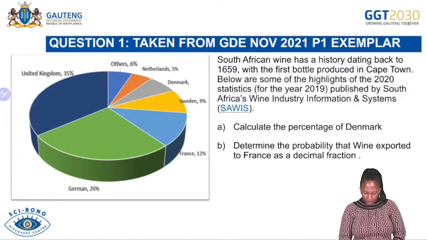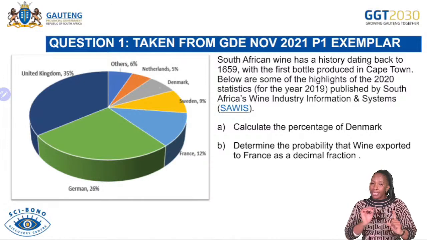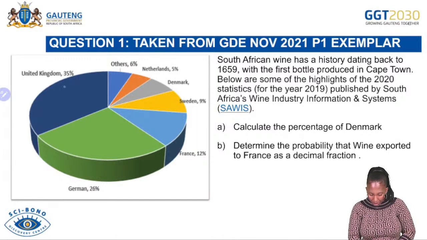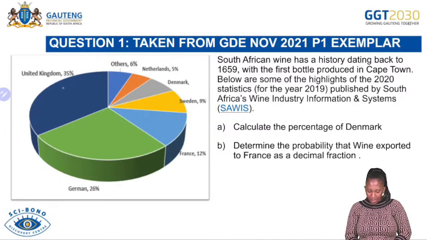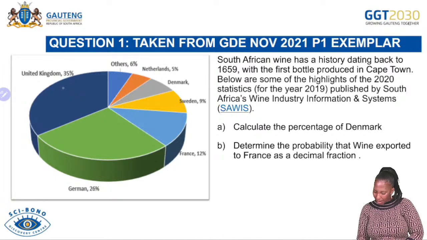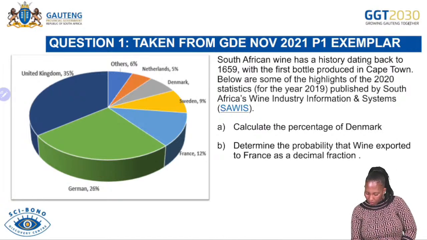Let's have a look. Where is our Denmark? Here is our Denmark, and we know that a pie chart as a whole must give us 100%. So now for Denmark, we have the percentages for all these other places. Now we want to know for Denmark. How are we going to determine the answer there? Then the percentage for Denmark, we can say 100% minus, and then you put everything.